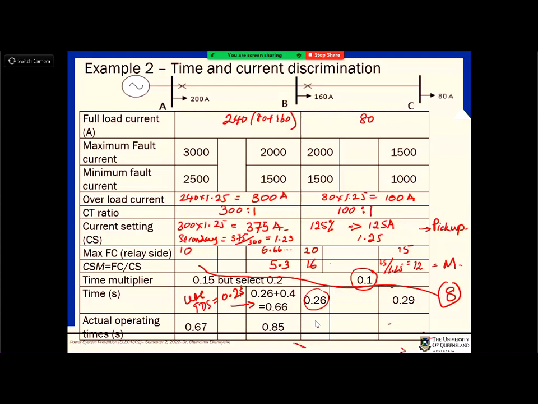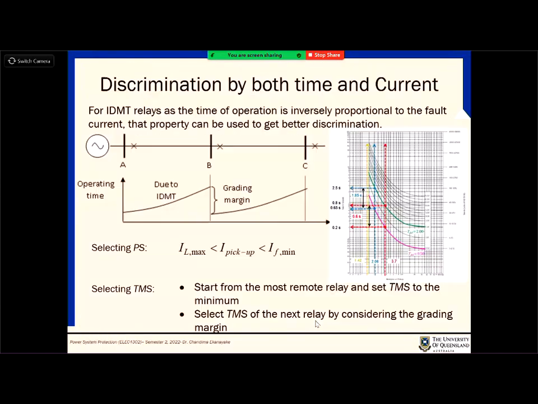Also, the advantage here is that when you go further towards the source, the operating time starts to decrease. You can see the decrease from 0.85 to 0.67. This is what we drew in the previous figure, this one. See, the operation of the relay from C to B was decreasing, then we put in a grading margin, and from B to A it again starts to decrease.